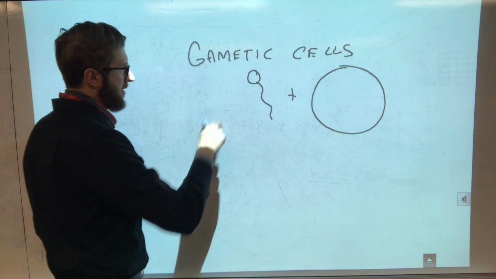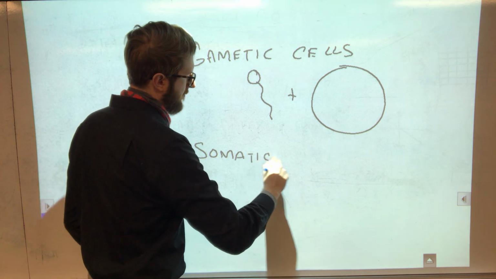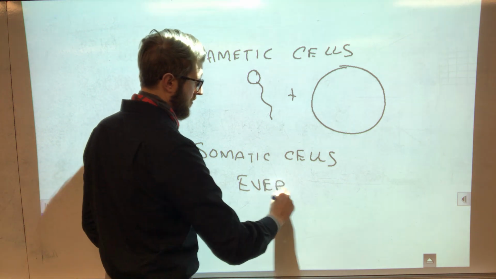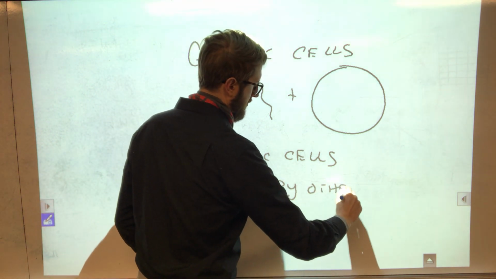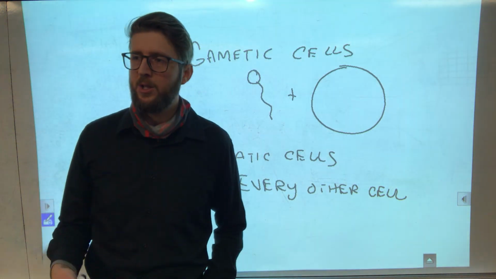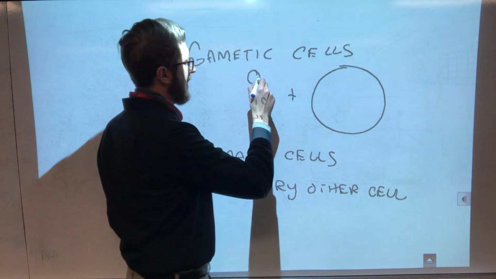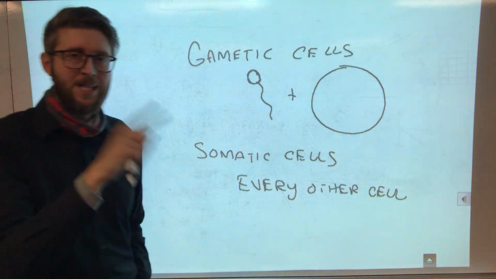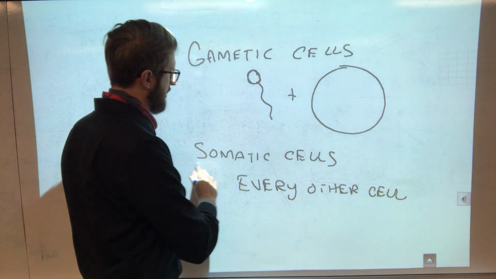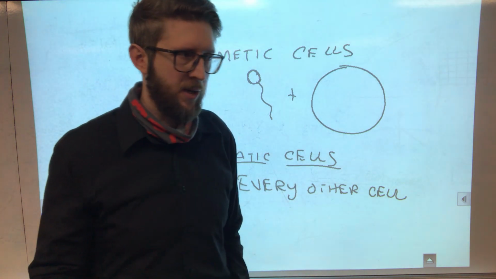Every other cell in your body that's not a sperm or an egg cell is what we call somatic cells. This is every other cell. Okay? So if you have a mutation that is passed on to your offspring, it's because it happened somewhere in either your sperm or your egg cell. If it did not get passed on to your offspring, then it happened in one of your somatic cells, which is just another cell that's not your sperm or egg cells, okay?